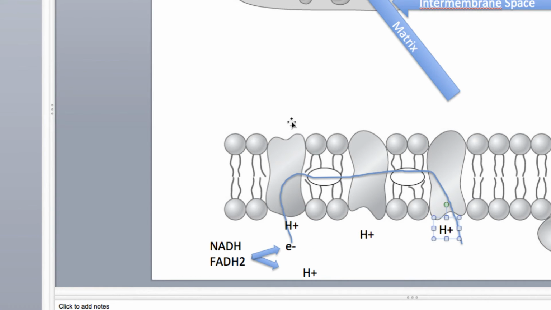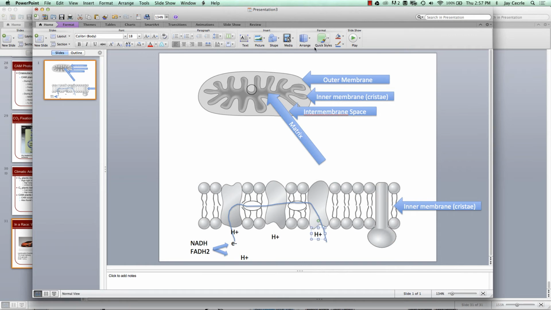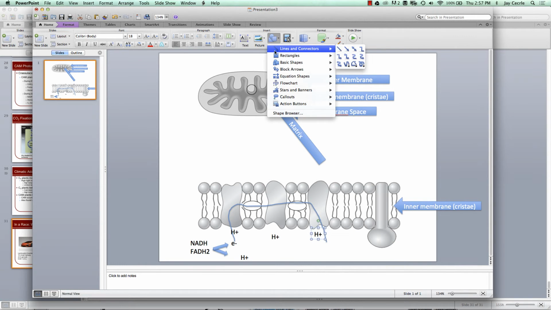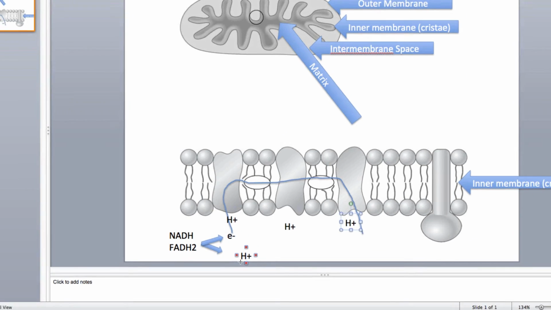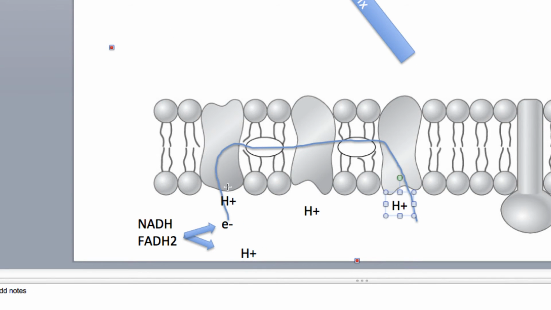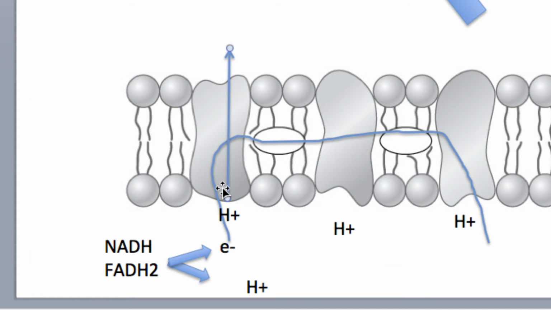Those hydrogens are going to move through these electron carriers. And so the way I'm going to show that, I'm going to run an arrow through. Notice it crosses paths with my electron path right here. And that's to show that it requires some of the energy of that electron to be moved across this membrane.